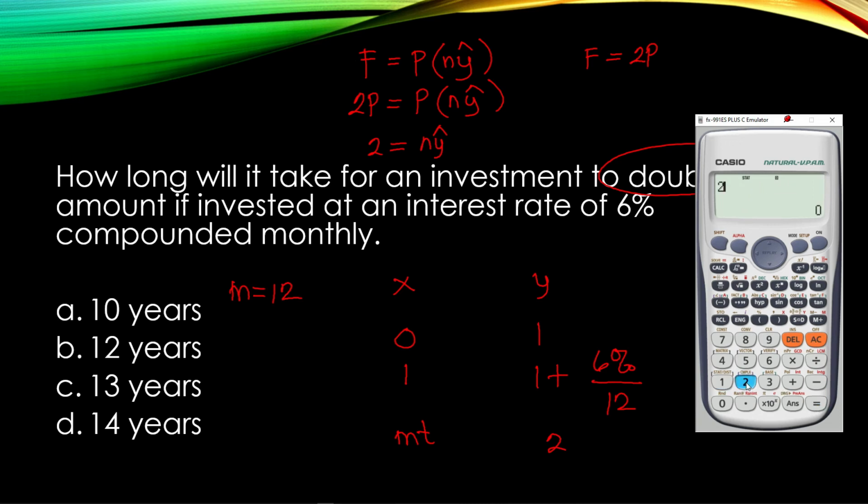Okay, and then we have 2, shift, 5, 4. Kukuha natin yung MT natin. Divided by pa yan by 12 kasi nga divide by M kasi MT pa yan. We can get the time as, okay. So the correct answer is, you have to round it up. So the correct answer is 12 years.